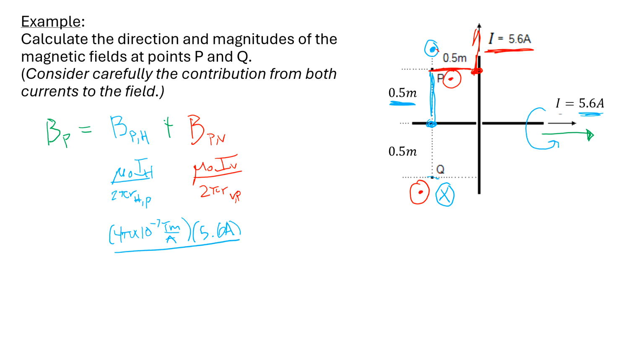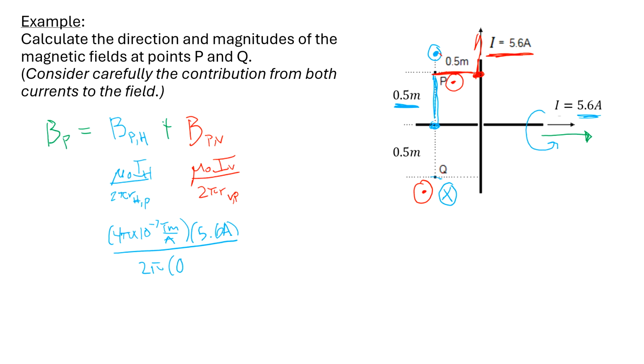And on the denominator, we have 2 pi. The distance is half a meter, 0.5 meters. And if you plug everything in here, well, actually, before we do that, let's double check our units. So I have meters on top, meters on bottom, and these amps cancel out.